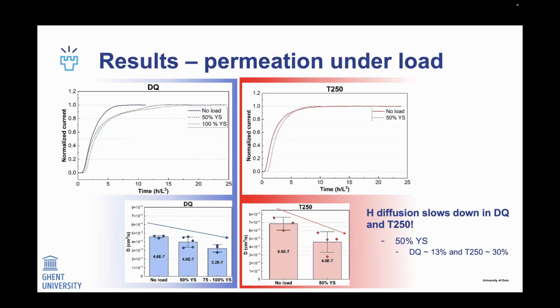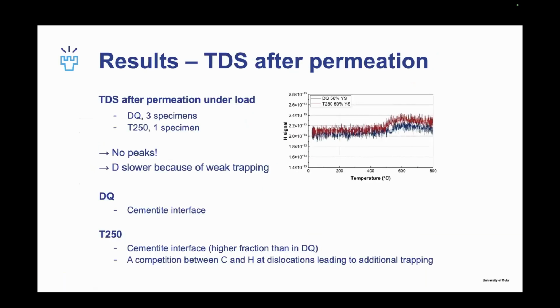Obviously, we were interested in what kind of trapping sites might be active at this point. We did TDS to see if maybe we have additional peaks for trapping. Unfortunately, we did not see any peaks, so no strong trapping involved. This indicates that the diffusion is getting slower because of weak trapping in these materials.